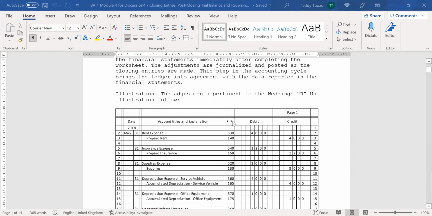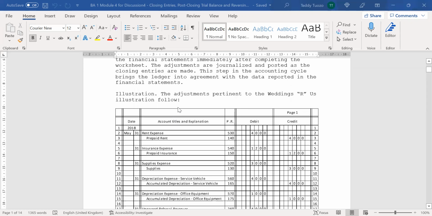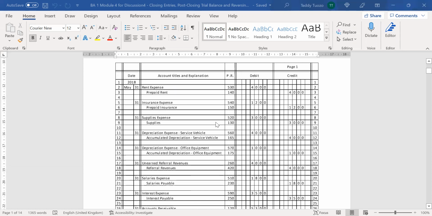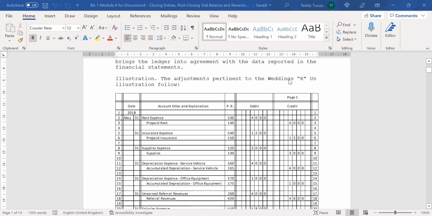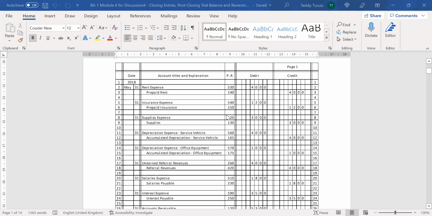So you have here an example of the adjusting entries. This is actually the adjusting entries for the Weddings R Us.